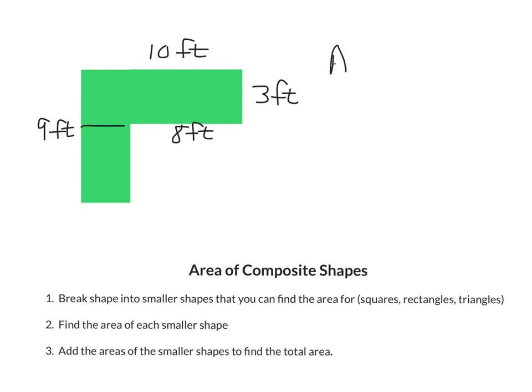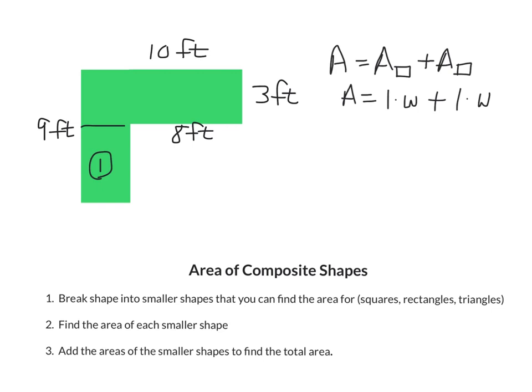My total area is going to be equal to the area of one rectangle plus the area of the other rectangle. And I know area of rectangles is going to be the length times the width for both of them. So let's start with the first one.